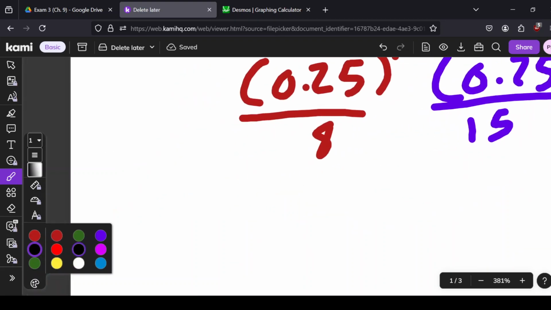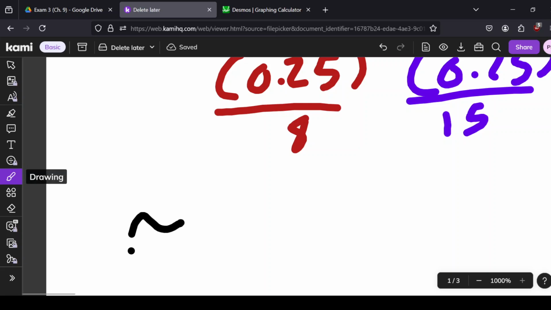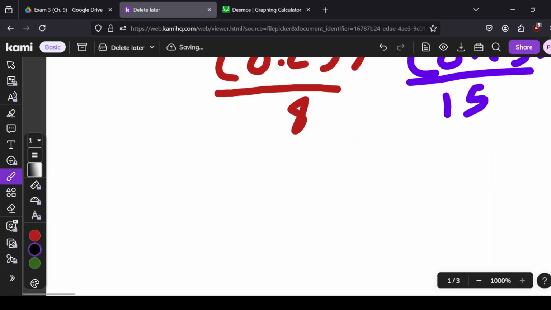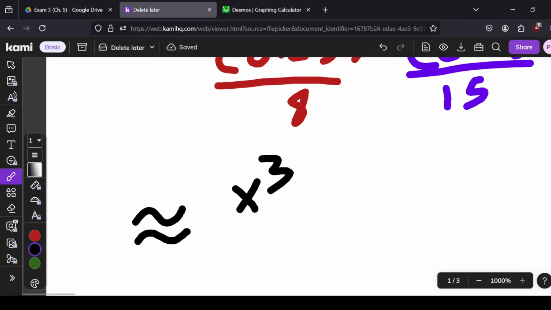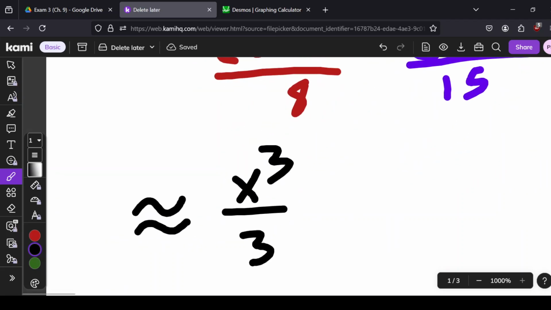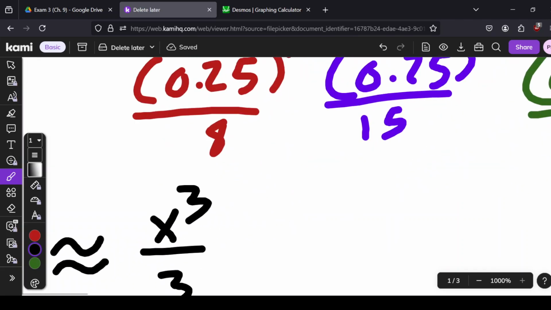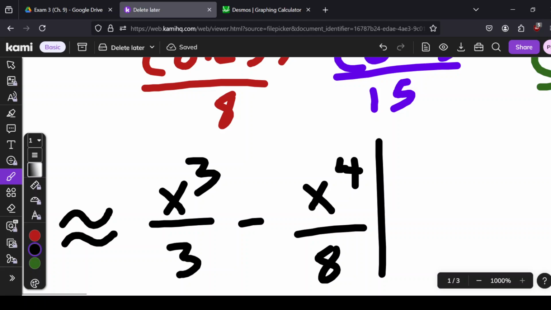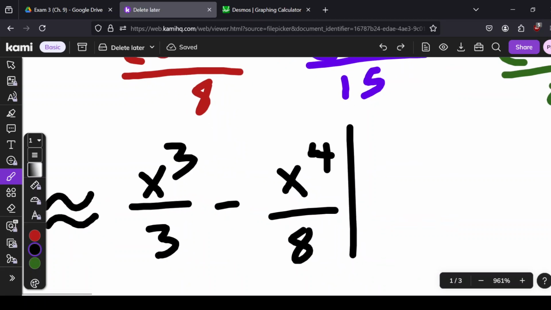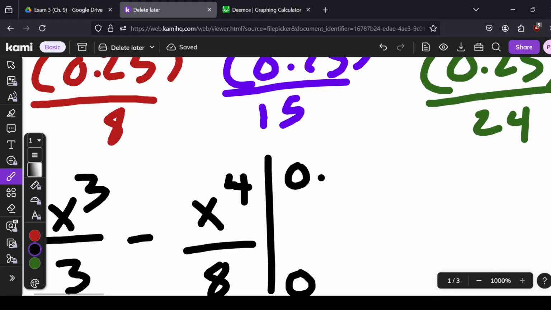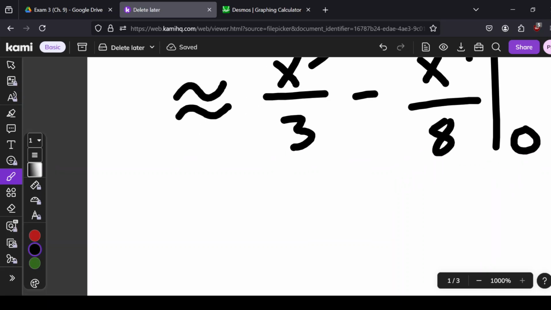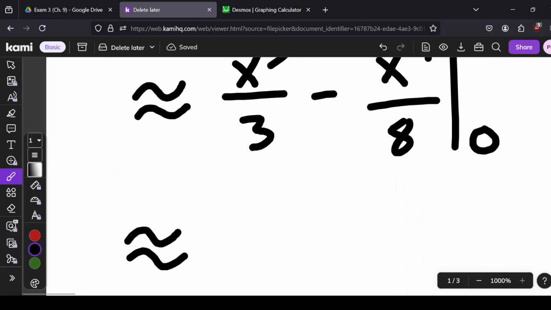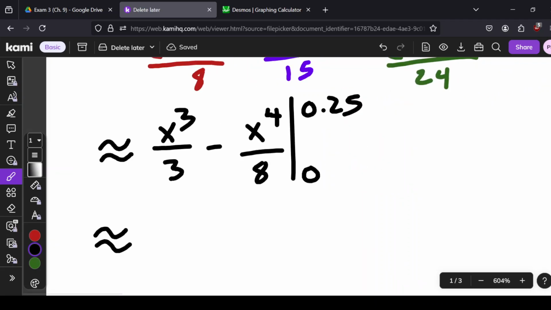Okay. So let's put a little approximately equal to x cubed over 3 minus x to the 4th over 8, evaluated from 0 to 0.25. Which is going to be, you know what?